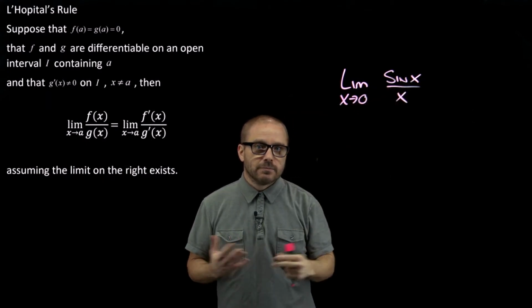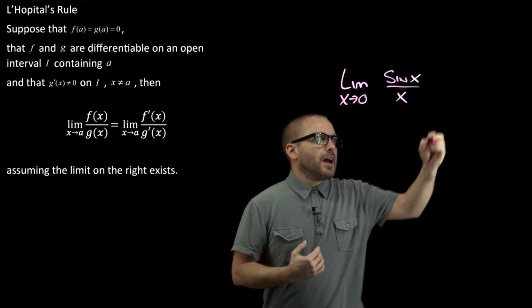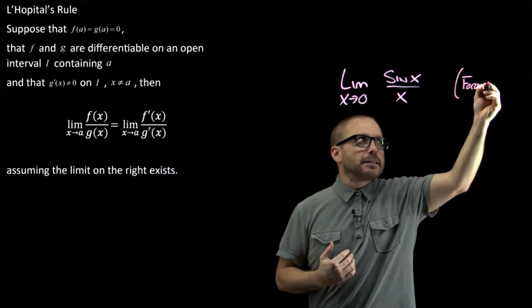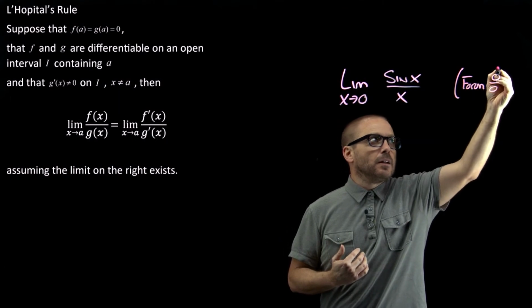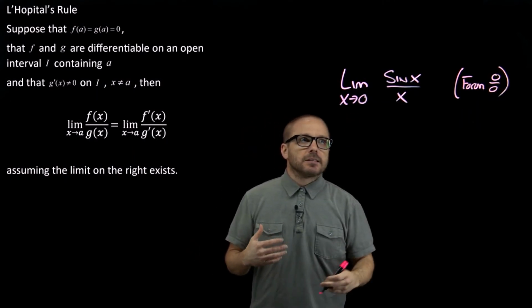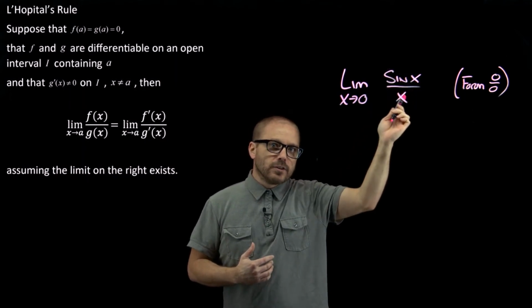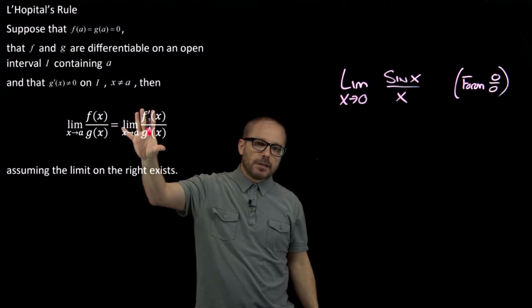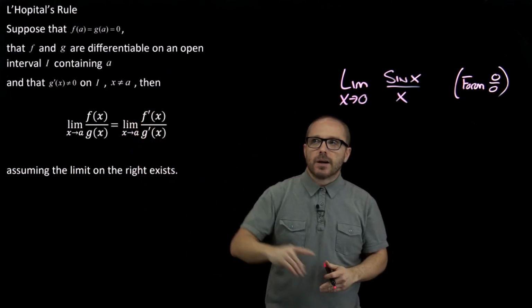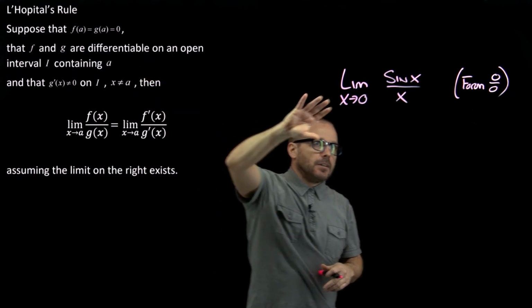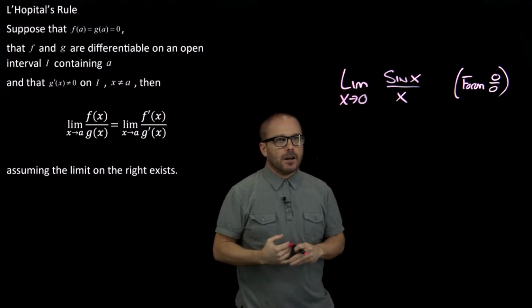X at 0 obviously is 0. So what you have, it's not equal to 0 over 0, but I like to say it's of the form 0 over 0. What I mean by that is it's something headed to 0 over something headed to 0. So it has that form, and that's exactly the form that L'Hopital's rule requires, right? You want both your functions at a to be 0. And that's exactly what we have.